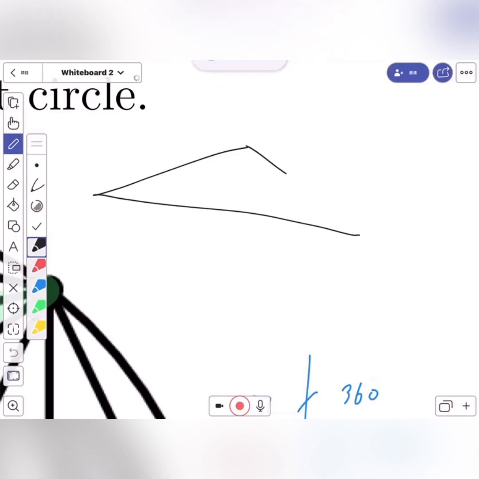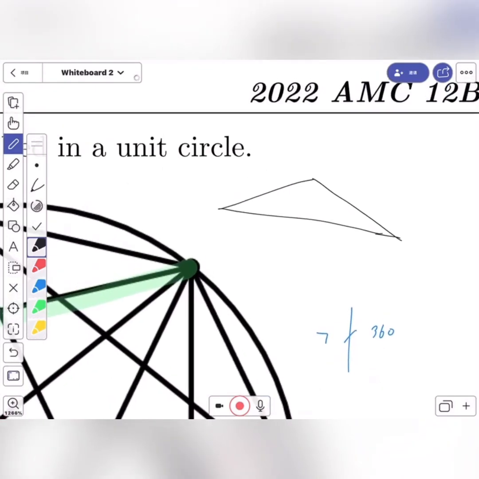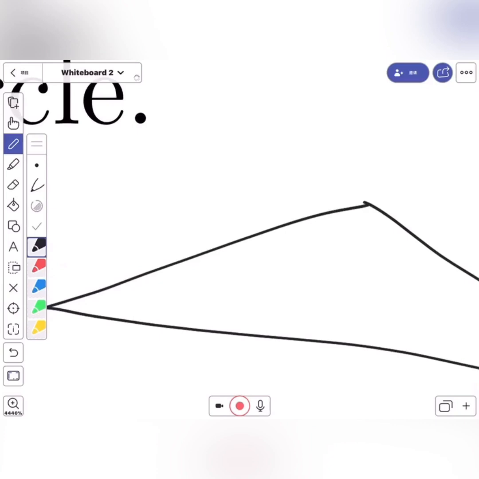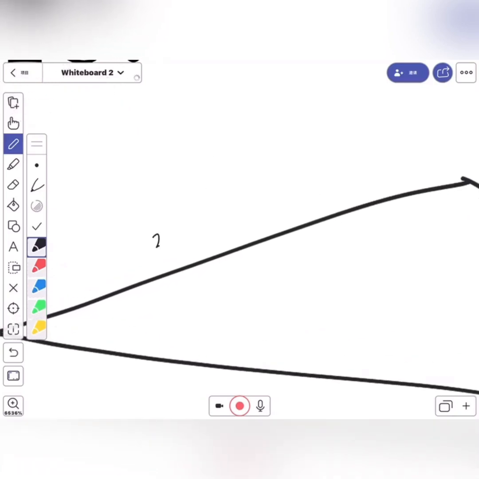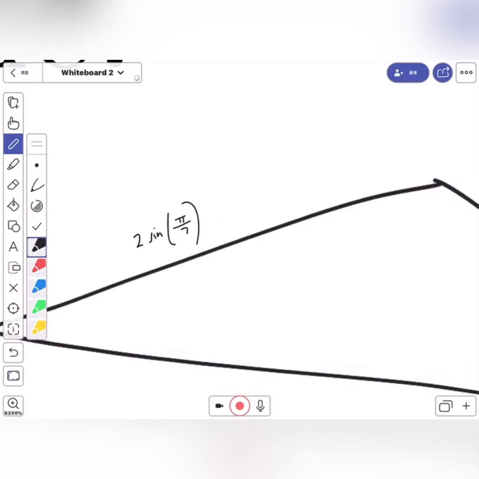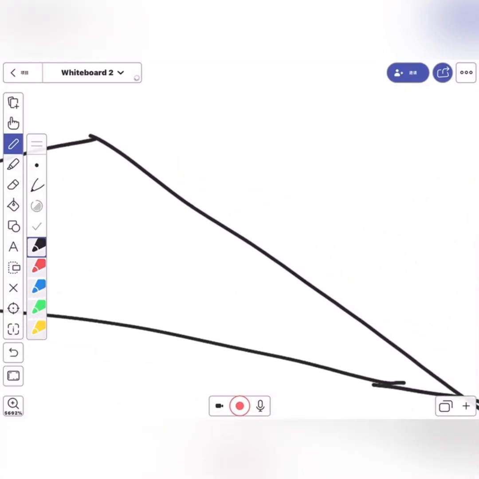Since we know that it's a regular heptagon, all of these sides are going to be 2 sine of pi over 7, and 2 sine of pi over 7.